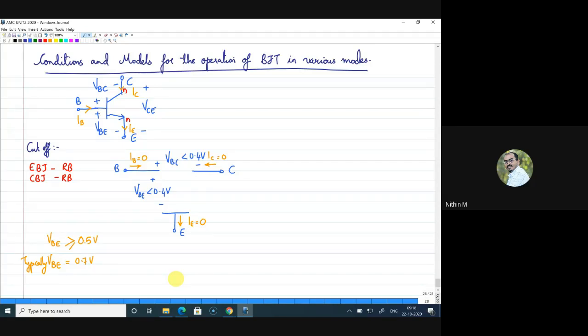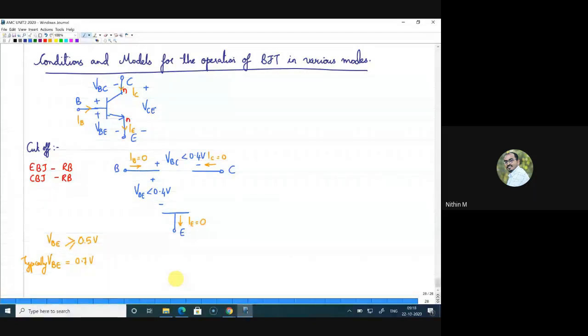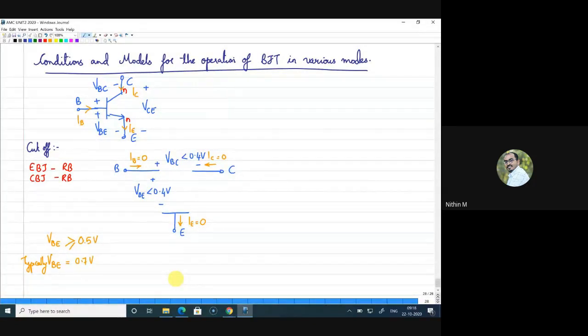So for that reason, since both junctions are reverse biased, VBE and VBC both are less than 0.5. Is this clear? Can I get some response in the chat box? Yes. All right.